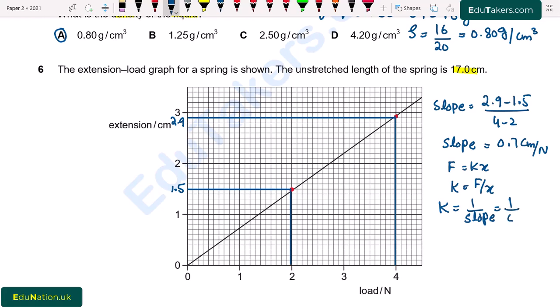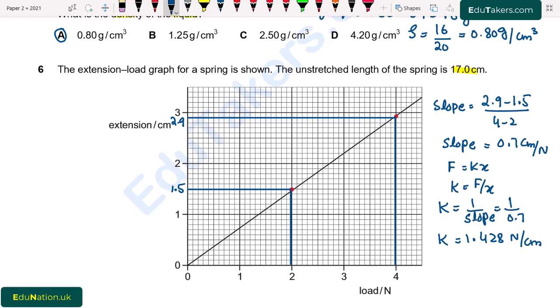So 1 over 0.7. The value of k will be equal to 1.428. The unit will be Newton per centimeter. So this is the value of the spring constant.